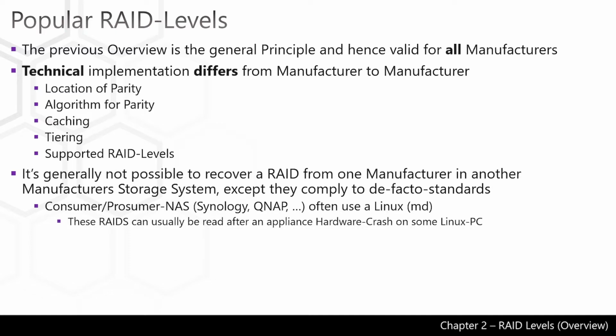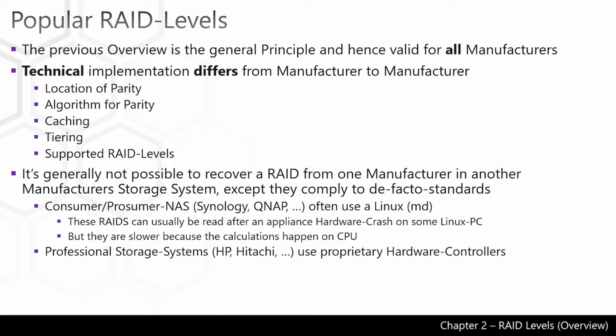These RAIDs can usually be read after an appliance hardware crash on just some Linux PC, where you connect the drives with an adapter. But because it's just software, it's usually slower because all the calculations of the RAID happen on the CPU and not on a dedicated controller.